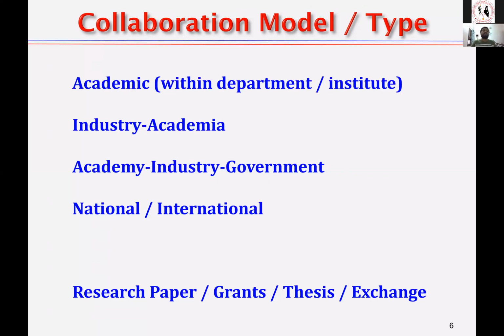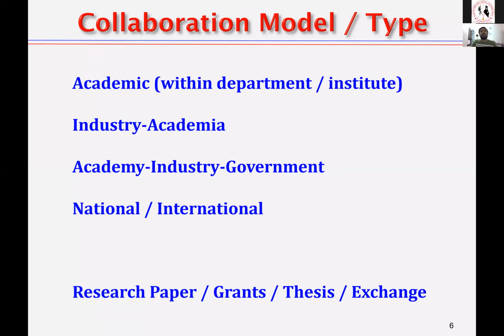Some collaborations are only for research paper publishing, some are joint grant applications, some are joint guidance for theses or various different kinds of degrees: MPhil, PhD, MS, MTech, MSc. Some are exchange collaborations where a student from one group will go to the other group and work and vice versa, especially with different countries.